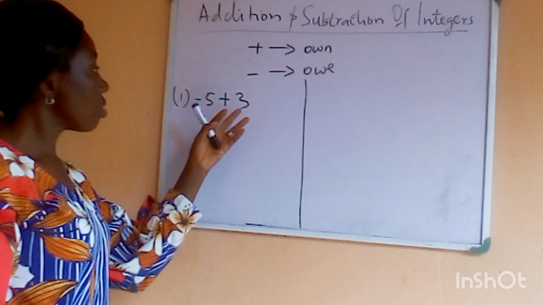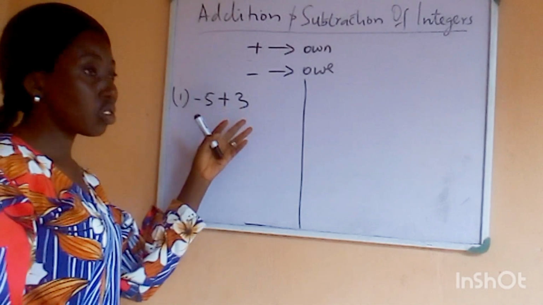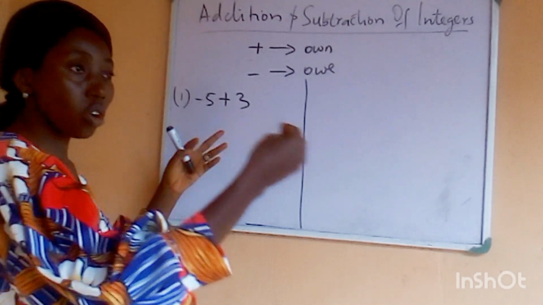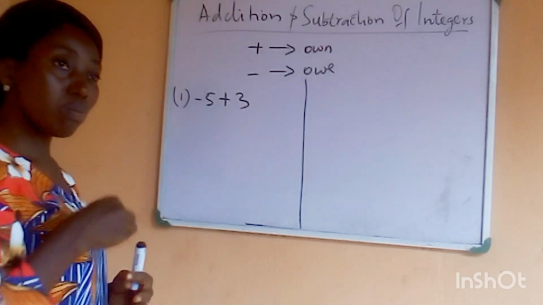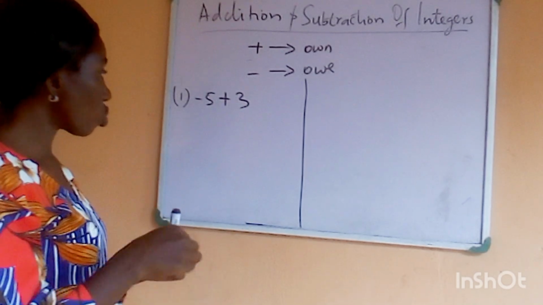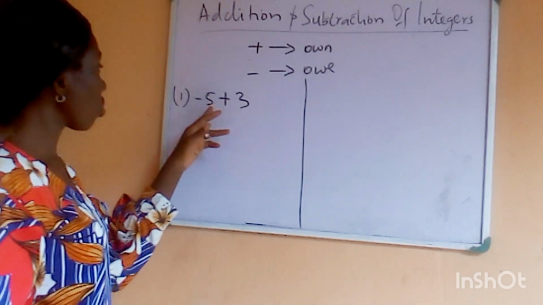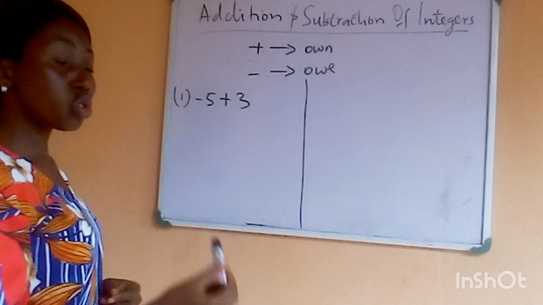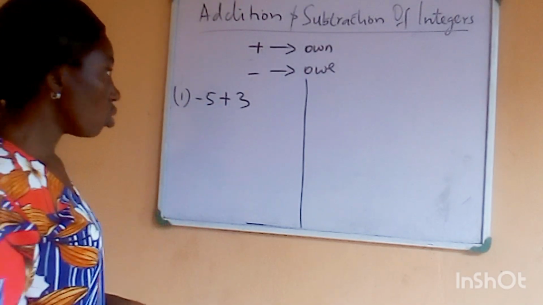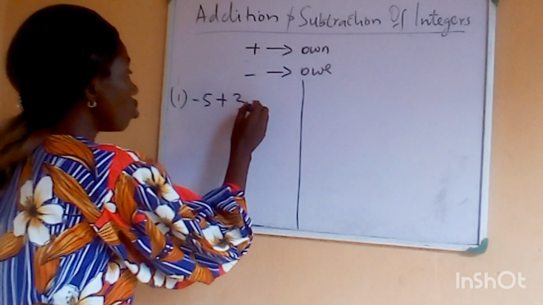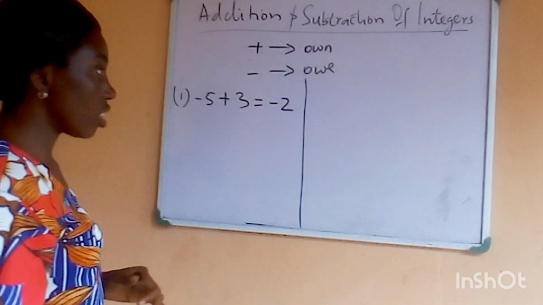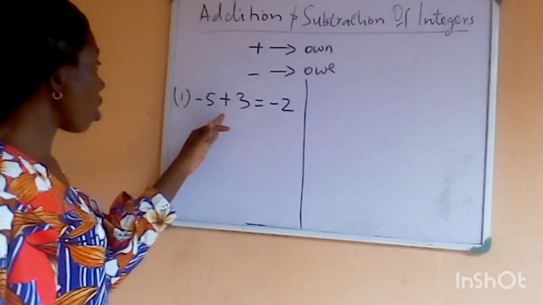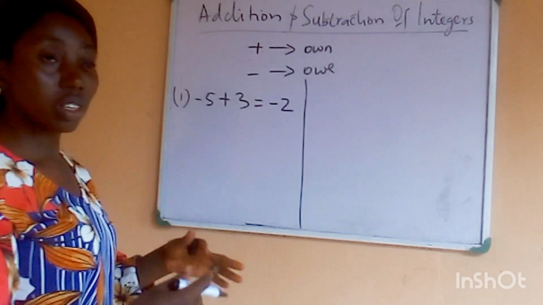Out of the 3, you give all of them to the person you are owing, showing that you are still owing more, and what you are still owing is 2. Therefore, because you are still owing 2, the answer should be minus 2 and not plus 2. This is how to add or subtract integers.